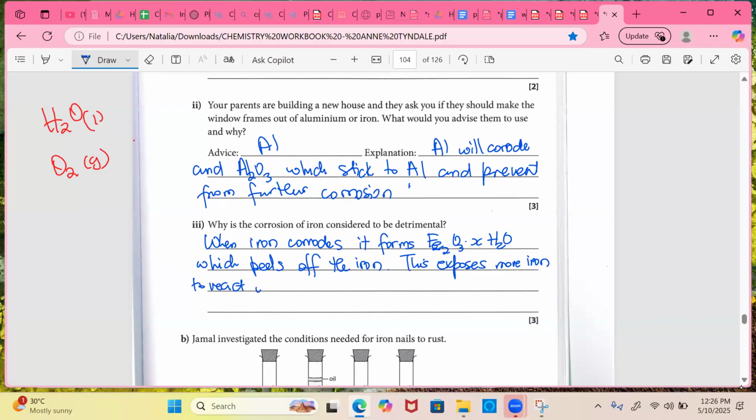It exposes more iron to react with water and O2. So the entire metal will wear away eventually.